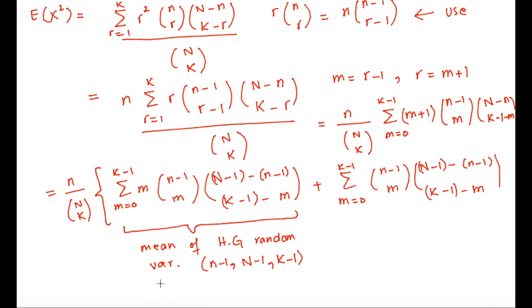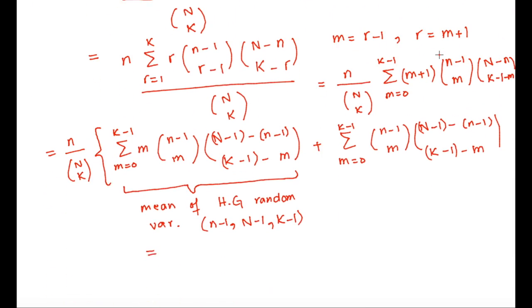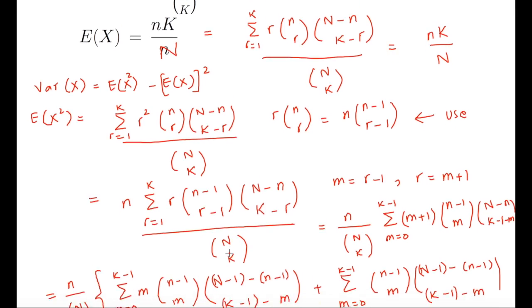Correct? So then this guy should be what? By the definition, our mean is this guy, right? So I can just say this is equal to m minus 1 times k minus 1 divided by n minus 1.